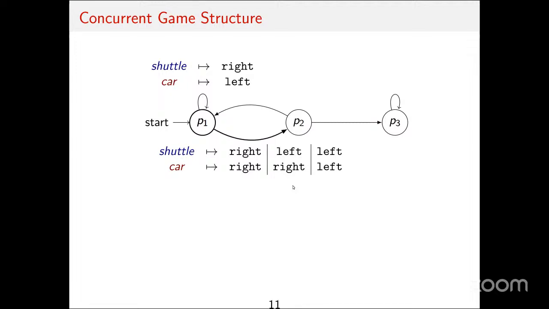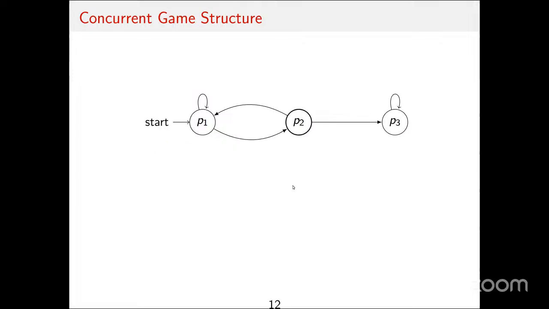And for instance, if the shuttle and the car both choose right, we will go to the position P2 in my example. And then from this position, we rinse and repeat, and each player chooses an action, and then we follow the transition. And thanks to that, we define a play.